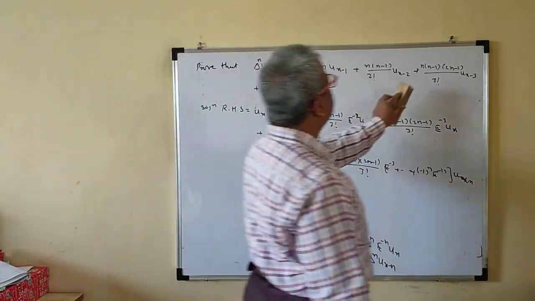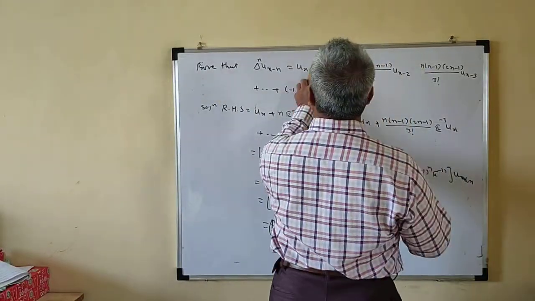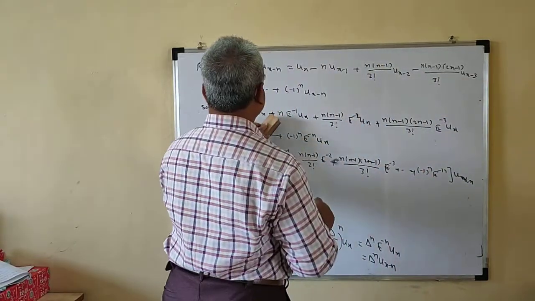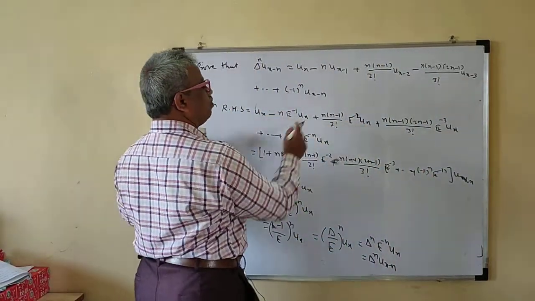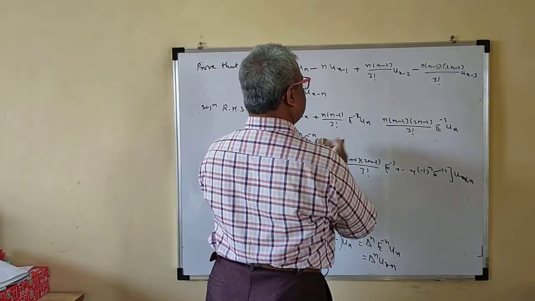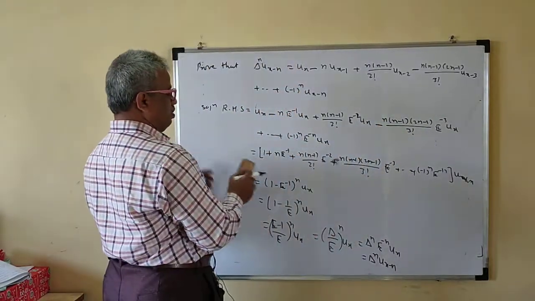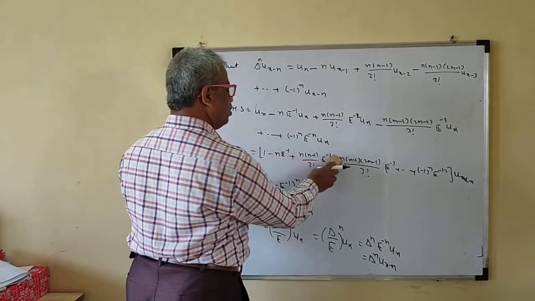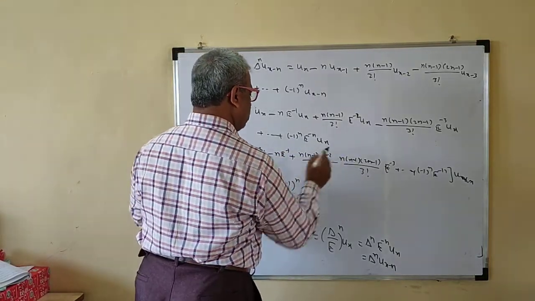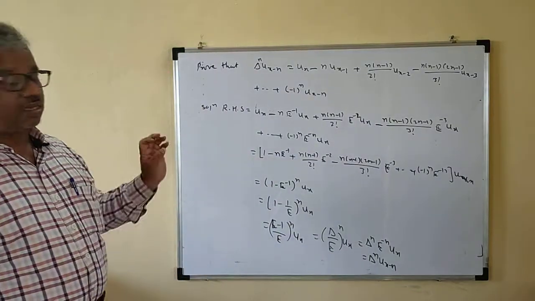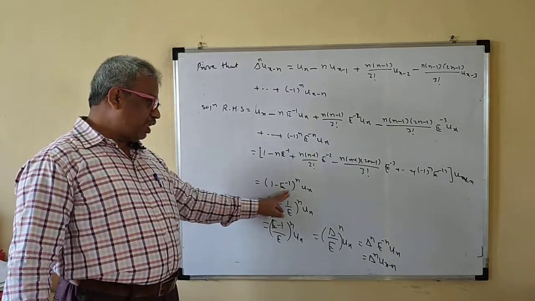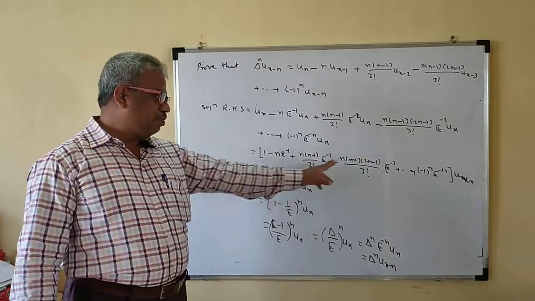We'll correct this problem here, there was a printing mistake in the signs. This should be minus, plus, minus. Now the problem is correct. So this is (1 - e^{-1})^n by the binomial theorem.